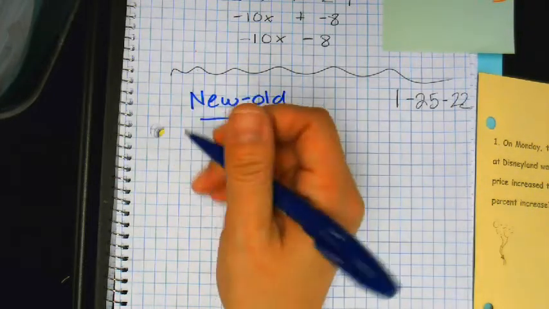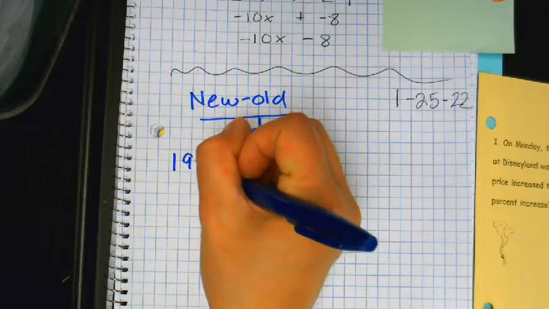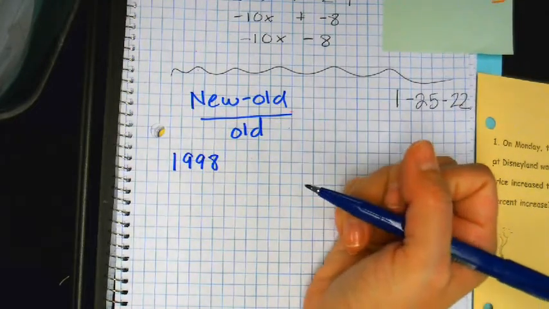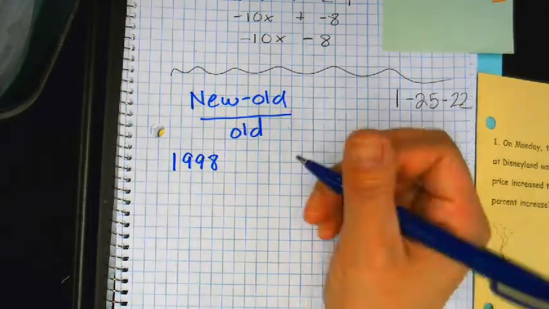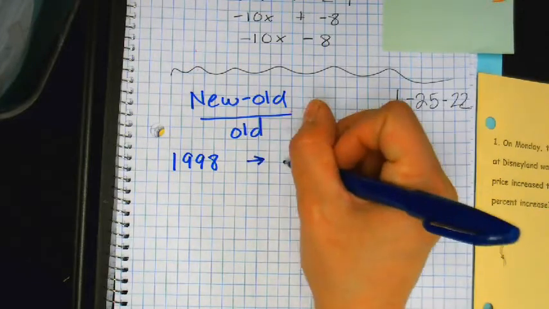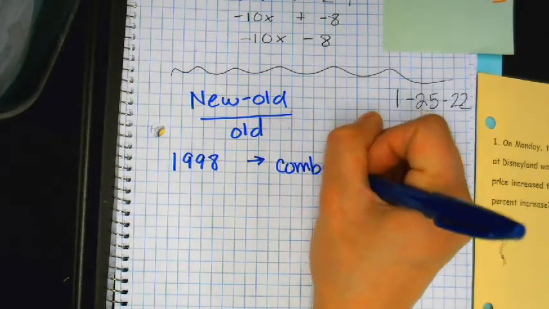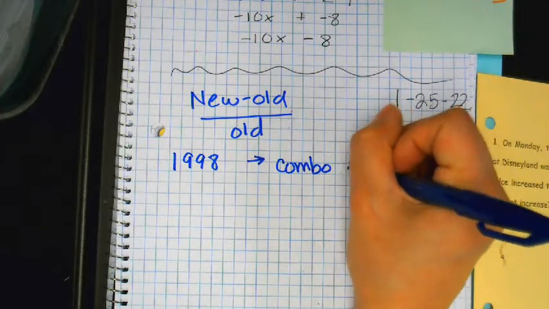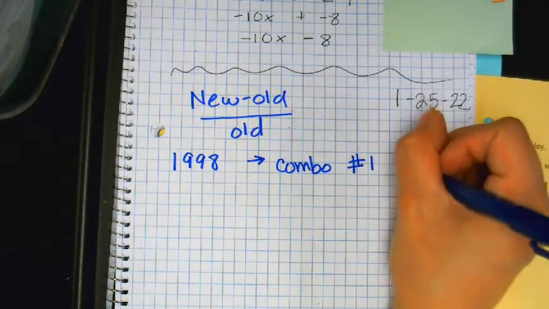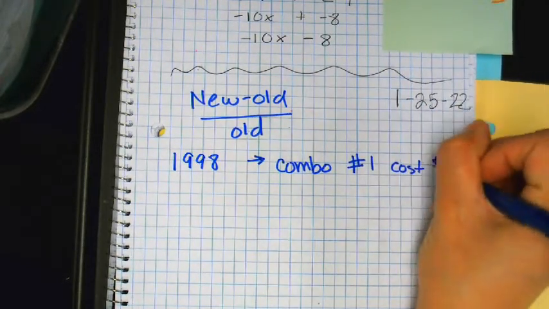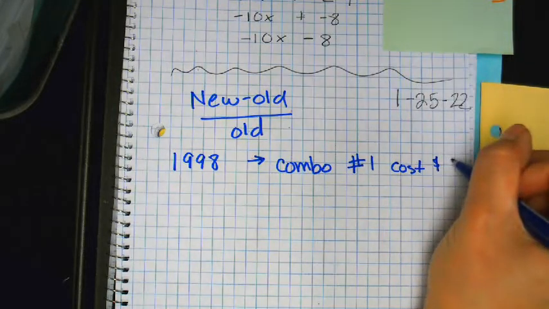Let's say in 1998, when I was your age, combo number 1 cost, let's say, $7.